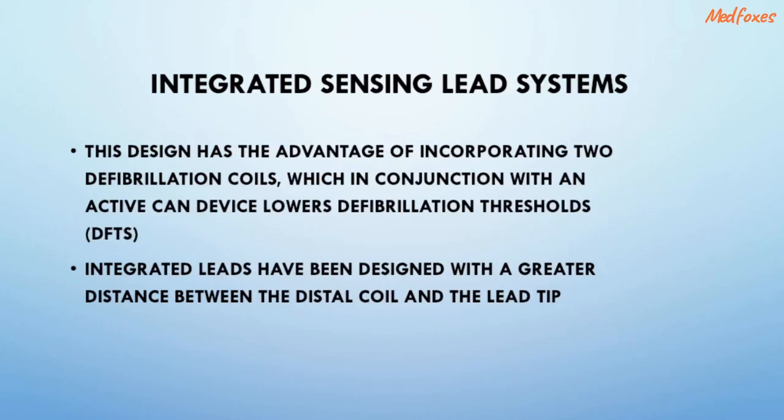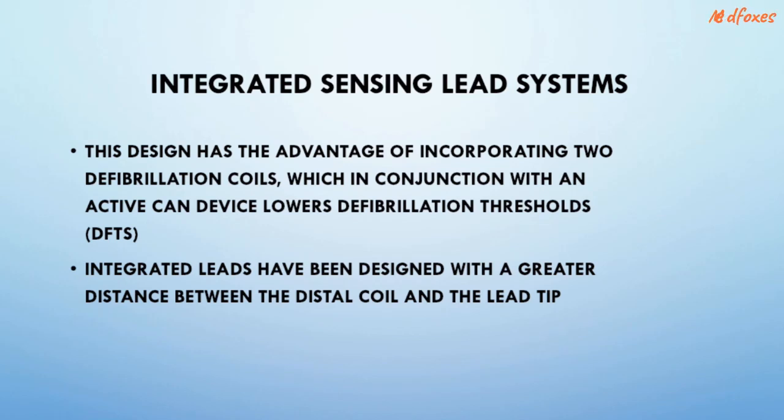On the other hand, integrated sensing lead systems are constructed with a distal tip electrode for pacing and sensing, a distal coil for both pacing and sensing and for defibrillation, and a proximal coil for defibrillation. This design has the advantage of incorporating two defibrillation coils, which in conjunction with an active CAN device, lower the defibrillation threshold.